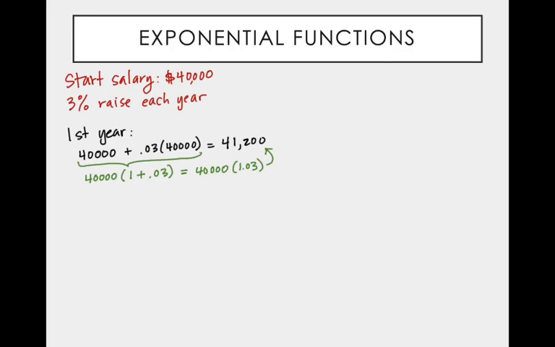All right, so then at the end of our second year, you don't just get another $1,200. We would take your $41,200 and we would increase it by 3%. And I'm going to let my calculator help me with that one. And I get $42,436.